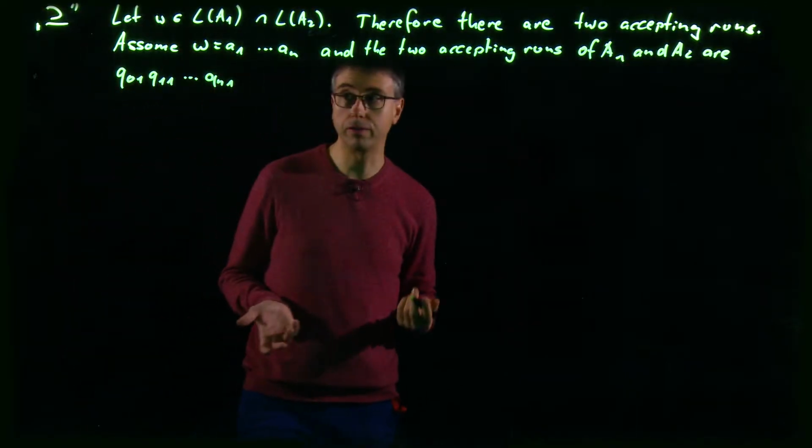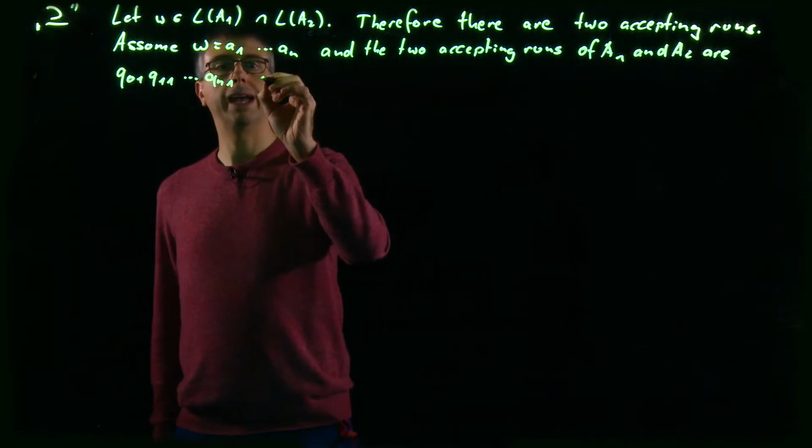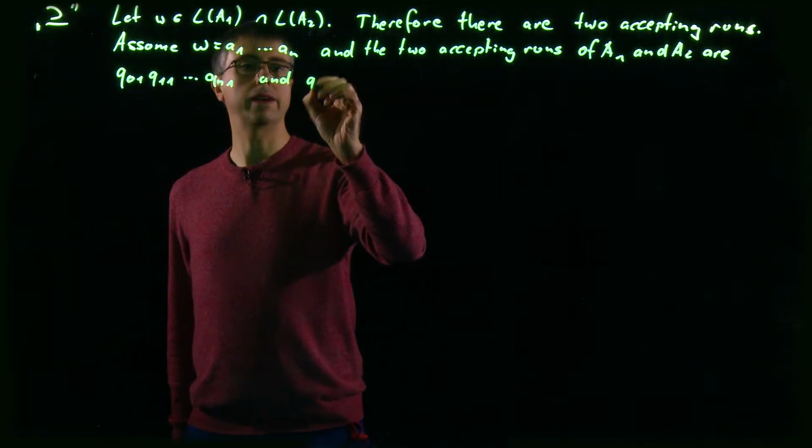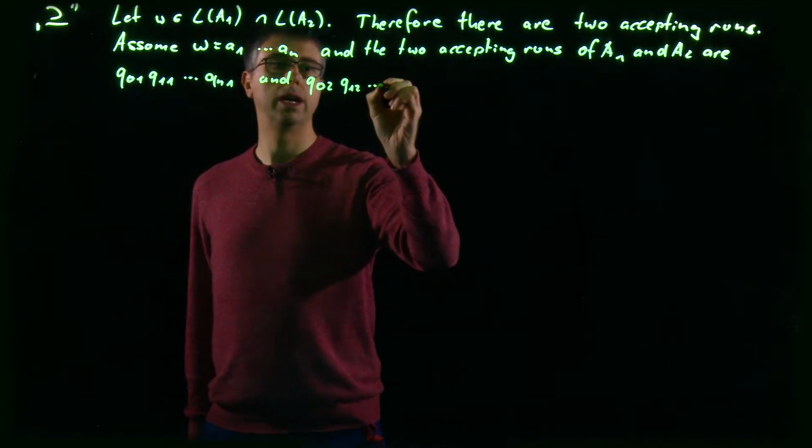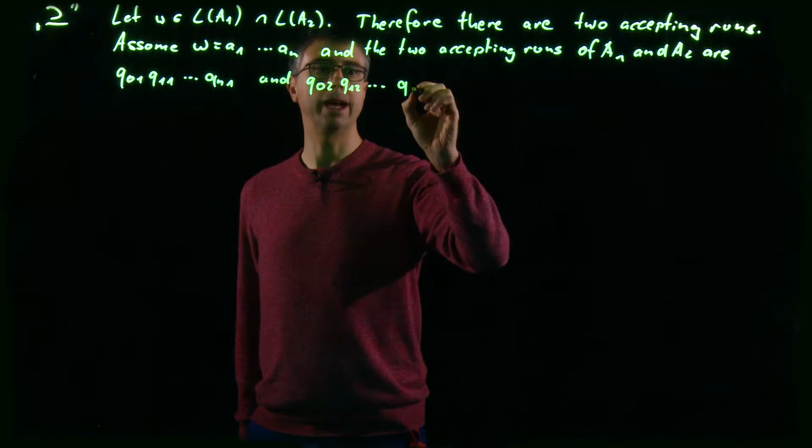That's the accepting run for the first automaton, and the second run is q_0^2, q_1^2 up to q_n^2.